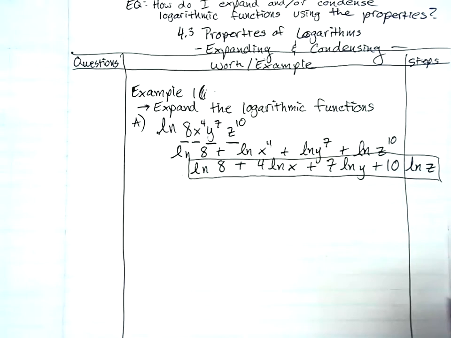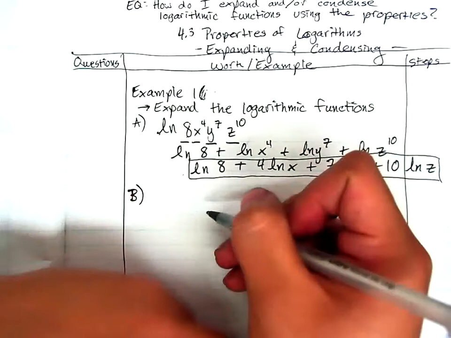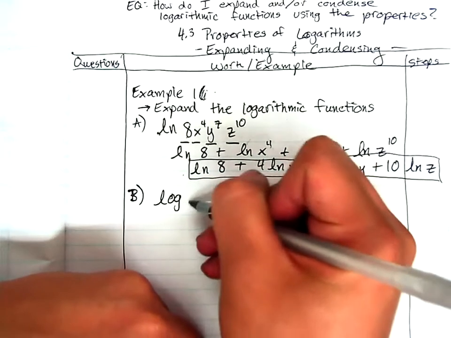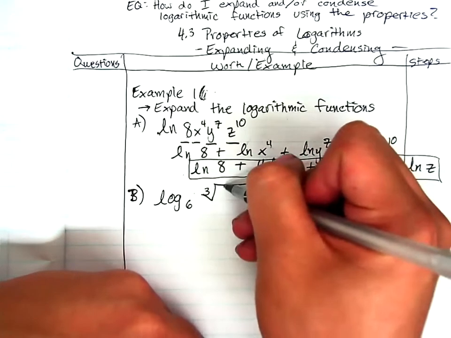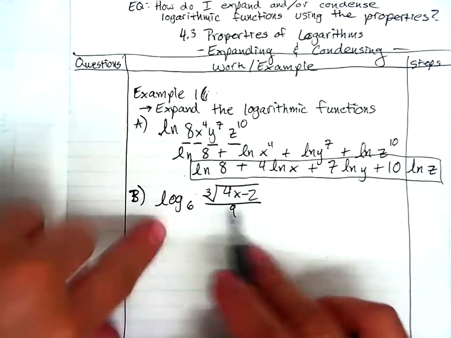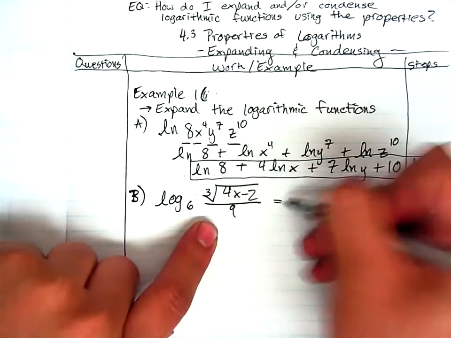Okay, I'm going to move on to example 1b, in which we apply some of the other properties. This time I'm going to use log base 6 of the cube root of 4x minus 2, all over 9. The first thing I notice is that I have a radical, so I actually want to rewrite this using exponents.